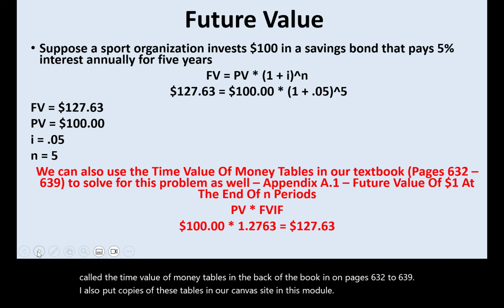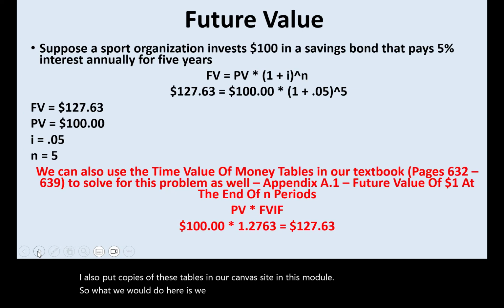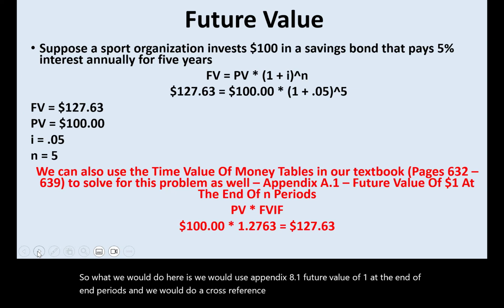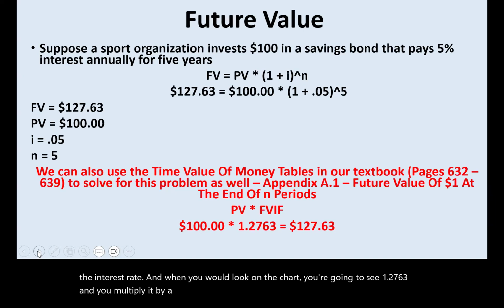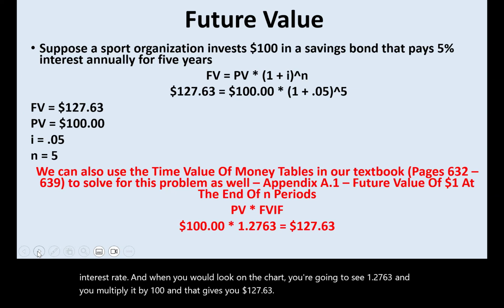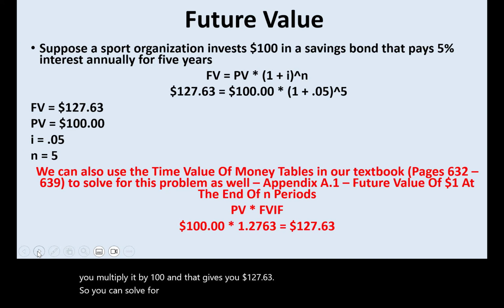Here we would use Appendix A.1, future value of 1 at the end of n periods, and cross-reference the number of periods and the interest rate. On the chart you see 1.2763, and you multiply it by 100, and that gives you $127.63. So you can solve a future value problem using the chart and the formula.